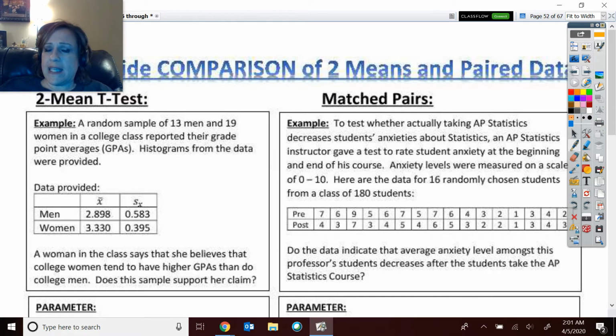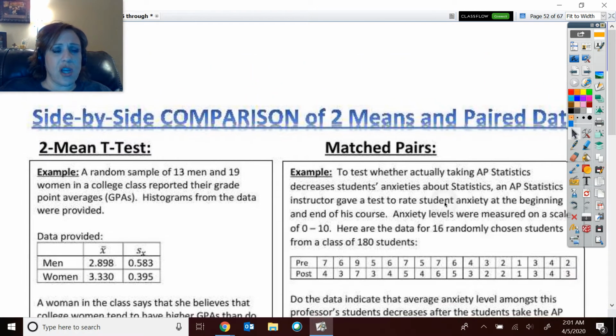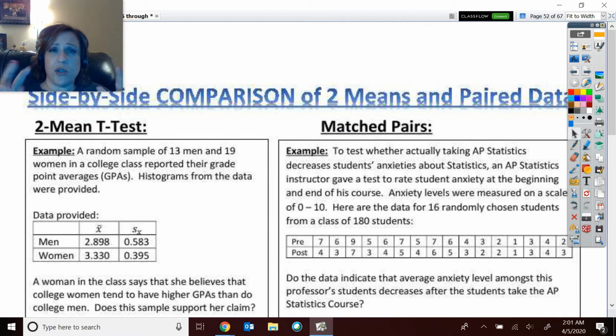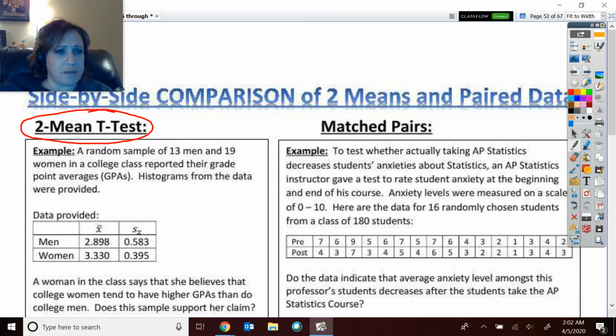I want to begin by talking to you about the examples that we're going to follow, two separate scenarios throughout this entire process, okay? The first problem is the two separate means, and we're going to do a test first.